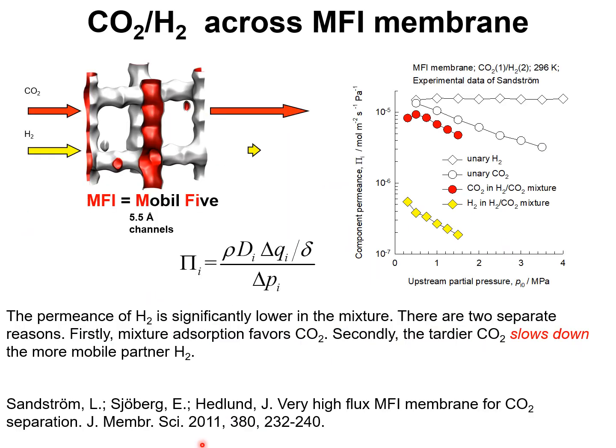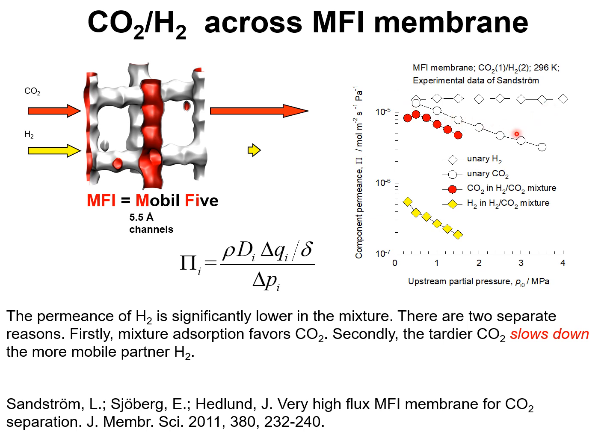I wish to illustrate another important concept in mixture permeation across microporous membranes, and to do this I consider CO2/hydrogen permeation across an MFI membrane. This is a graph showing experimental data published by Sandstrom, who measured both component permeances in the mixture as well as unary permeances. The unary permeances are shown by the open symbols. The open diamonds are for hydrogen.